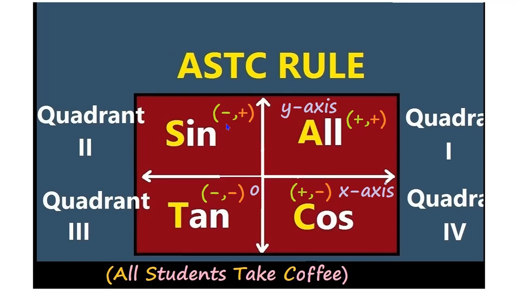Tan is sin by cos, plus divided by minus, which is minus, so tan is also negative. Here sin is positive, cos is negative, and tan is negative. In the same way for the reciprocals: cosec is positive, sec is negative, and cot is negative. Finally, sin and its reciprocal are positive and the remaining trigonometric functions are negative. You can remember it like this: sin and its reciprocal are positive. The reciprocal of sin is cosec.